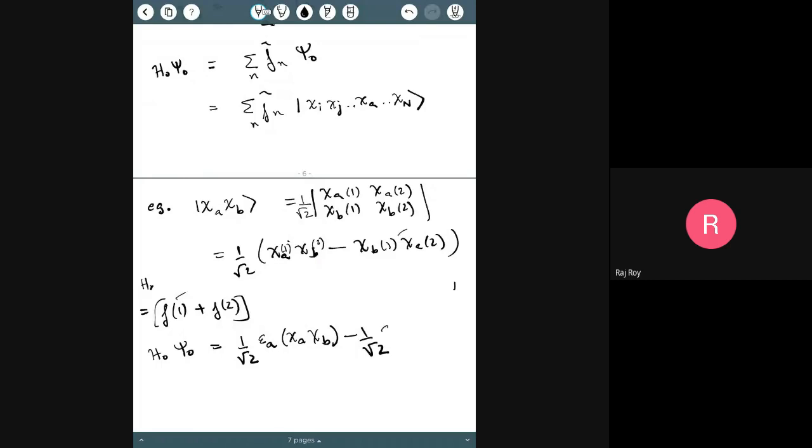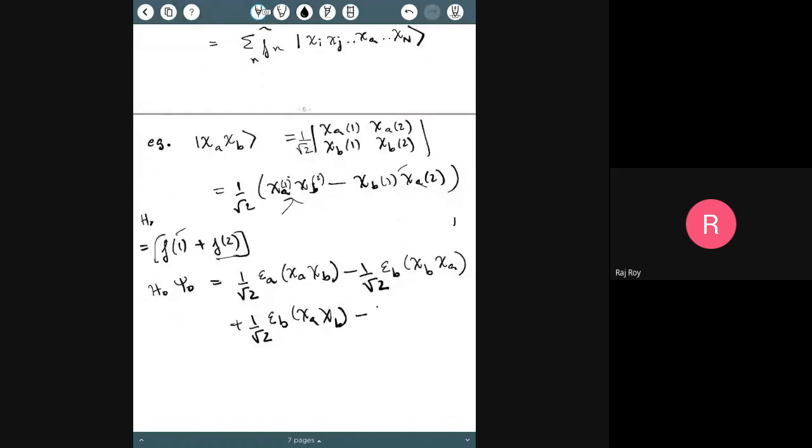So that will give you epsilon B chi B chi A. You have again F2 acting on the first, so that is plus 1 by root 2 epsilon B chi A chi B. Then the second one, 1 by root 2, F2 acts on chi A2. So you get epsilon A chi B chi A.